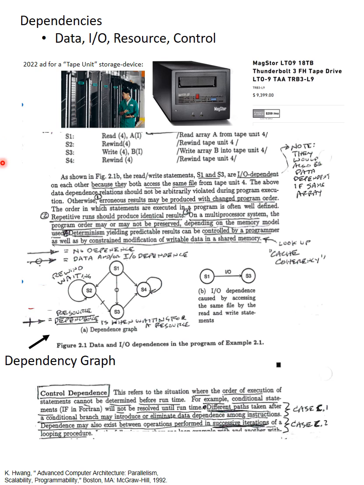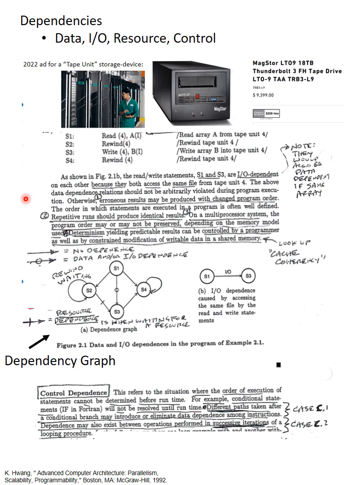So this I/O dependency here can cause some problems that I've numbered here. Number 1, erroneous results may be produced with a change of program order. Number 2, repetitive runs should reproduce identical results.